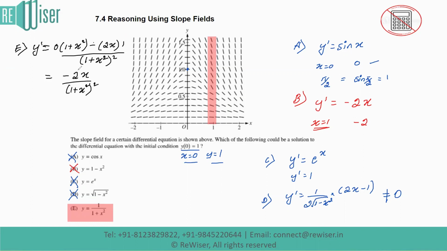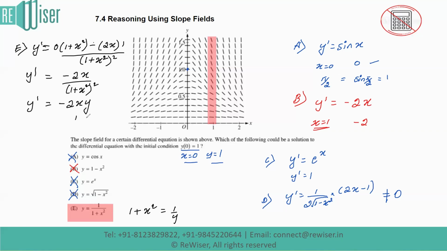If I want to write this denominator in terms of y, we know 1 plus x squared is just going to be 1 over y. So when we substitute 1 over y, it's going to be minus 2xy. So this would suit. When x is 0, it's going to be 0 always.